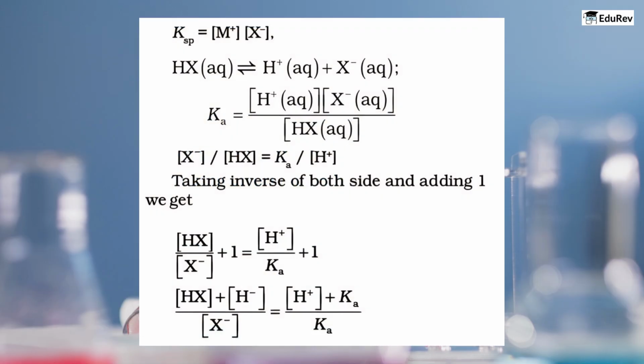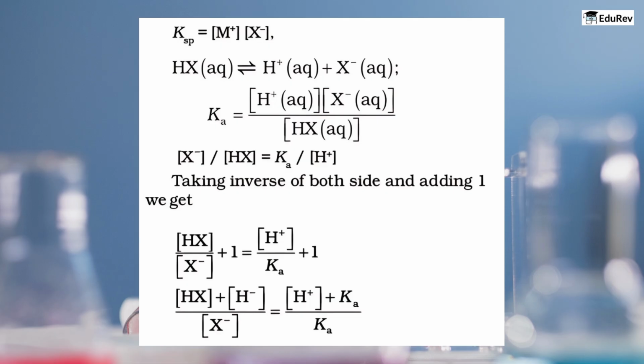We start with the expression for the acid dissociation constant, K. K equals concentration of H plus multiplied by concentration of X minus divided by concentration of HX. Rearranging this, we get concentration of X minus divided by concentration of HX equals K divided by H plus.